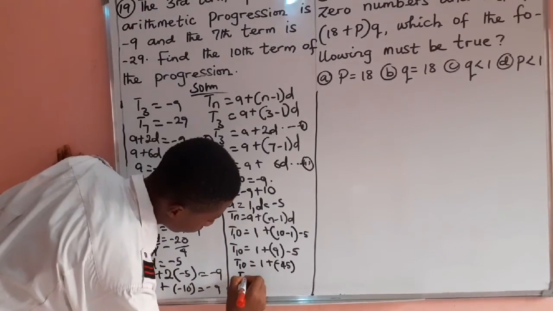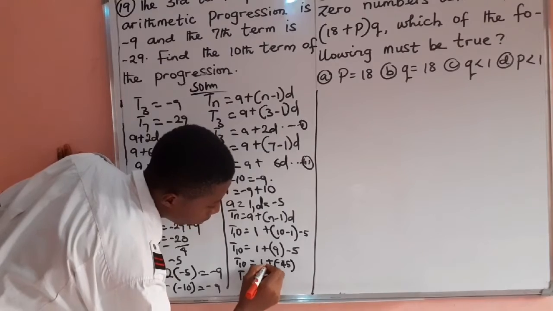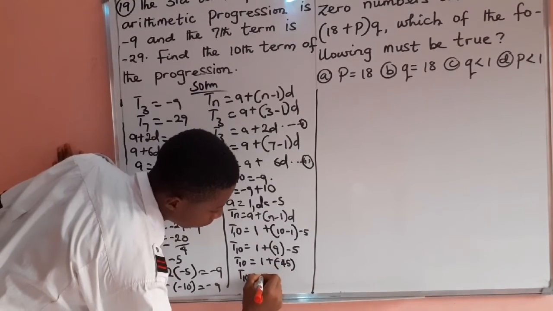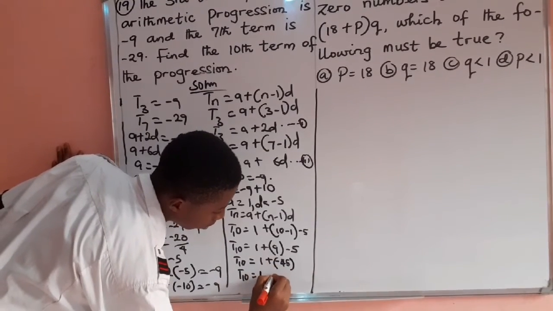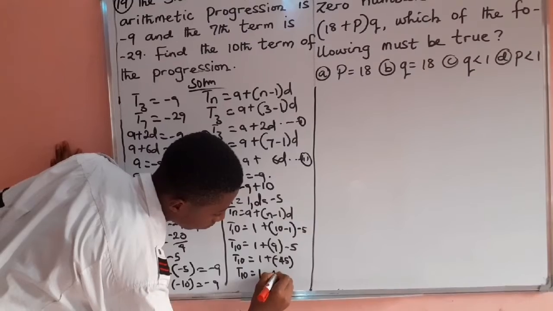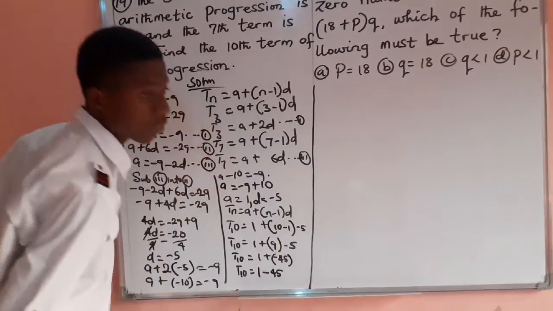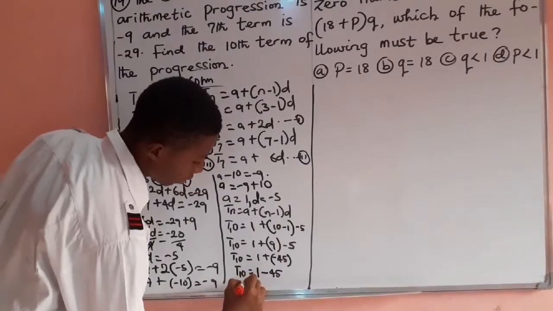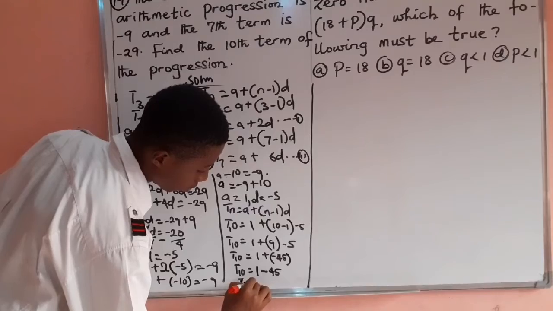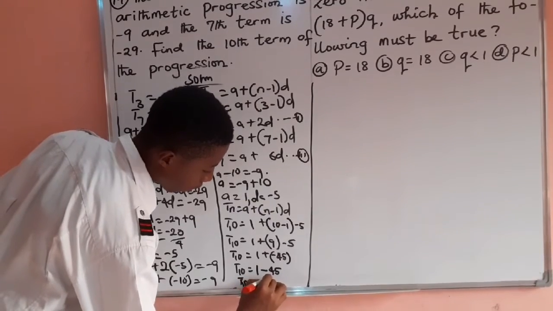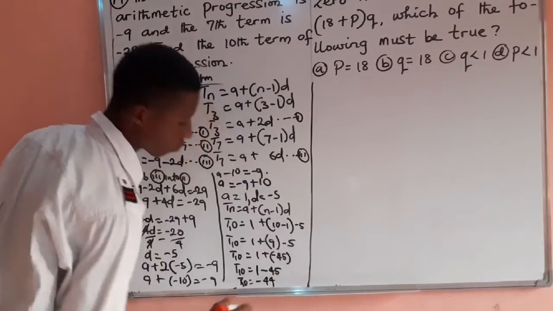Plus times minus will give us minus, so 1 minus 45 will give us T10 is equals to minus 44.